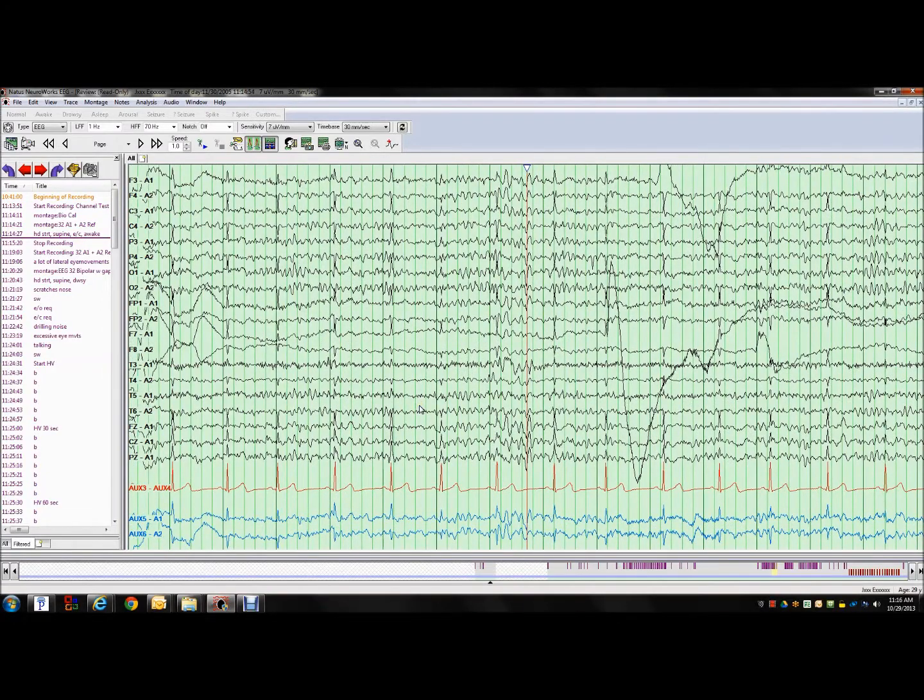Here's a technical tip for you. If you're trying to run on an ipsilateral ear referential montage and you have a lot of EKG artifact that you just can't get rid of and it's overwhelming, what you can do is use what's called a linked ear reference. I'm going to draw that out for you.